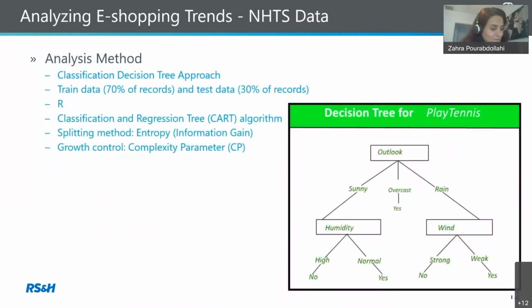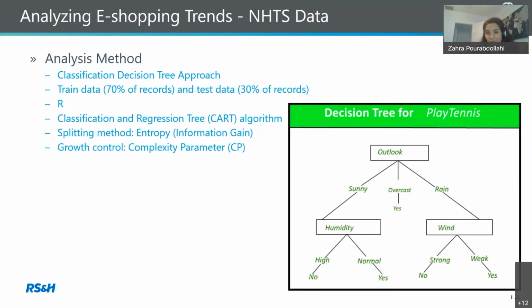For the analysis of the data and the trend analysis, we used the decision tree approach. Decision trees are versatile machine learning algorithms that are usually used to classify big and complex data and reveal the interdependencies. They are mainly developed based on 2 methods, either regression or classification.